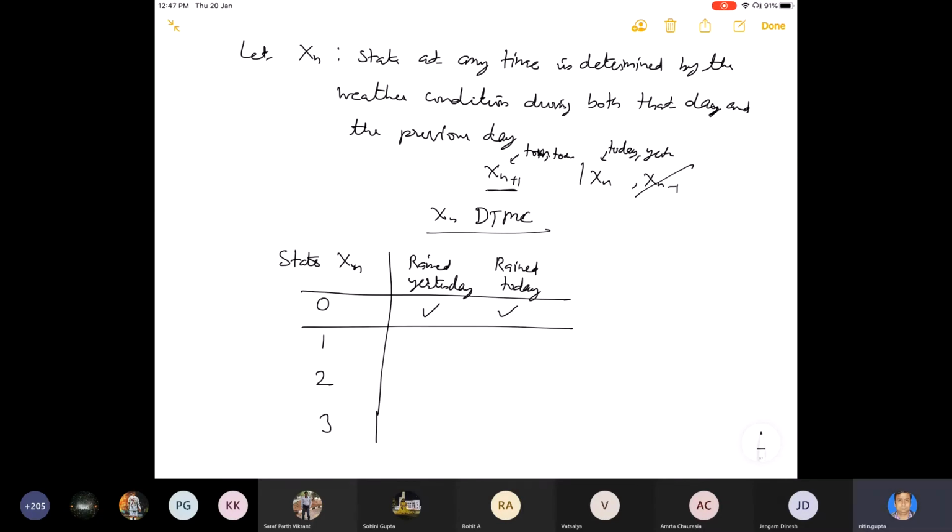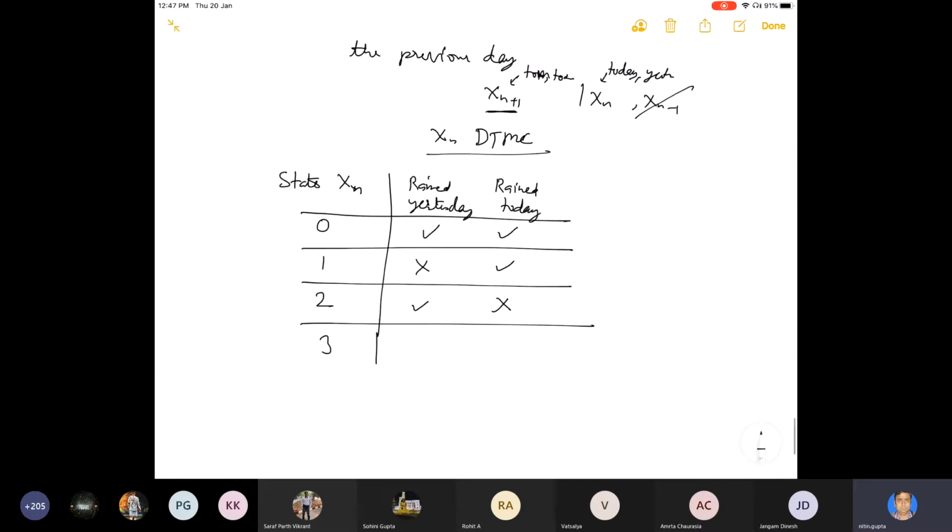If it did not rain yesterday but rained today, that is state 1. If it rained yesterday but not today, that is state 2. If it did not rain yesterday and today, that is state 3. That is our notation for the states, because we can make our own notation.